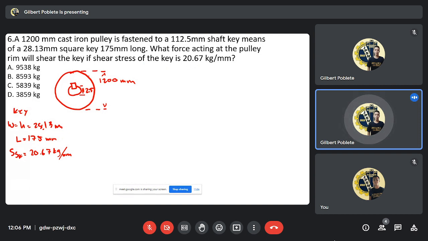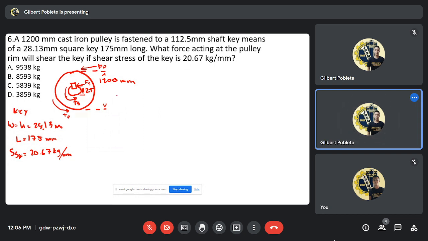So meron tayo dito sa pulley natin is yung torque niya. Ito pala torque ng pulley, torque ng TP, tapos meron tayong torque ng shaft natin. Tapos meron naman tayo ditong force ng pulley. Tapos meron din naman tayong force ng shaft. Ayan. So dito, equal yung torque ng shaft natin sa torque ng pulley.